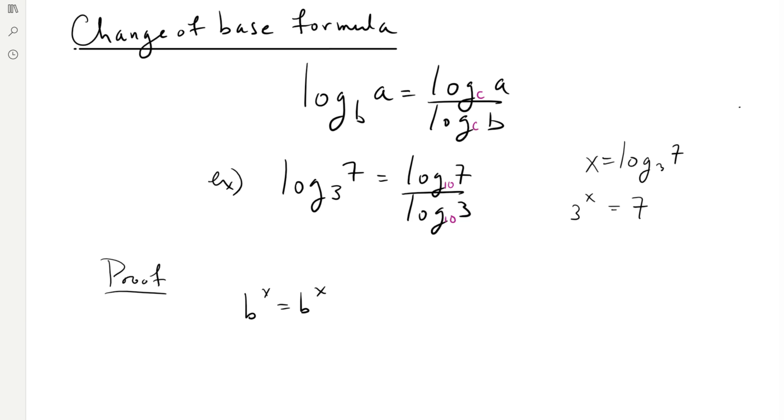But if we look at it from the perspective of logarithms, let's look at this x. x here is the power. So if x is a power, it's a logarithm. It's the power to which we raise b in order to get b to the x. And then we get this identity: log in base b of b to the x is equal to x.